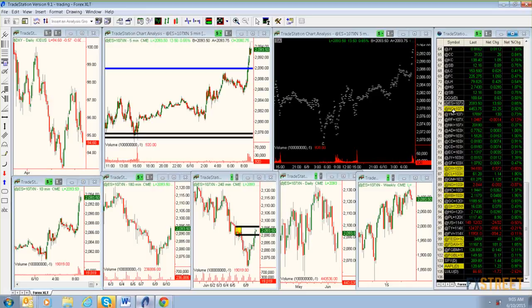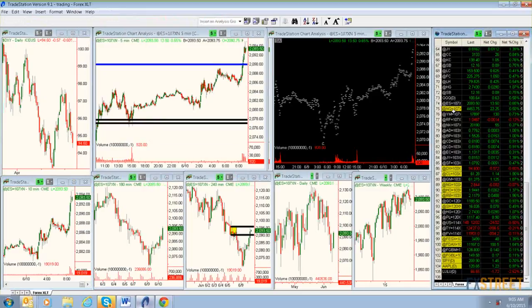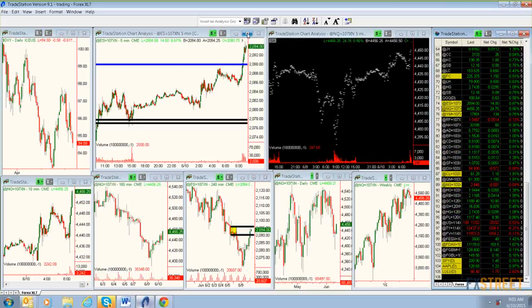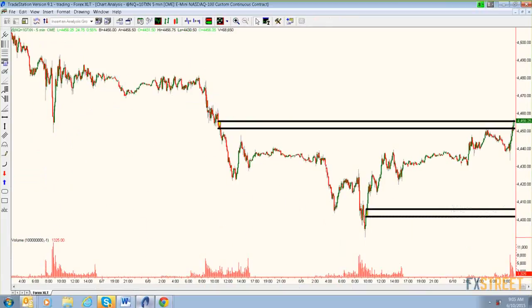All right, the play is to lean against, I'll just go back there. Okay, so again, the play is to lean against these guys over here. All right. This is the area where we would expect price to turn.